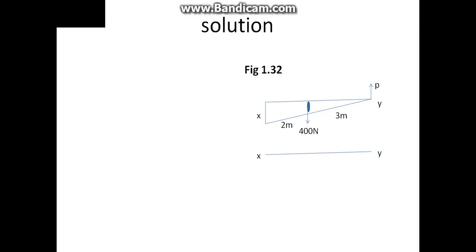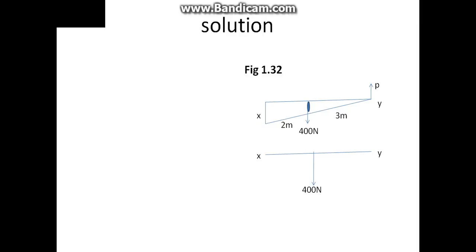Solution. Figure 132 shows a non-uniform rod XY of length 5 meters and mass 40 kg times the acceleration due to gravity, which is 10, which will give us the weight as 400 Newton.